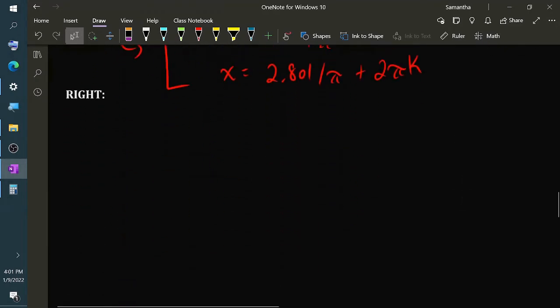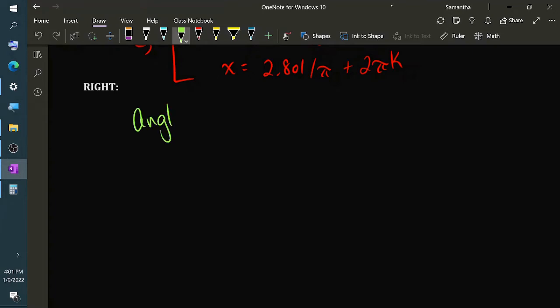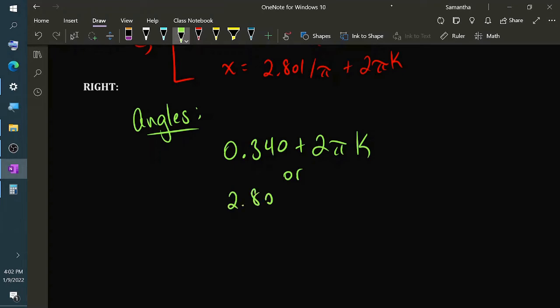So you need to add the 2 pi k back when you're describing the angles. The angles can be 0.340 or any other angle coterminal to that. The angles can be 2.801 or any angle coterminal to that.